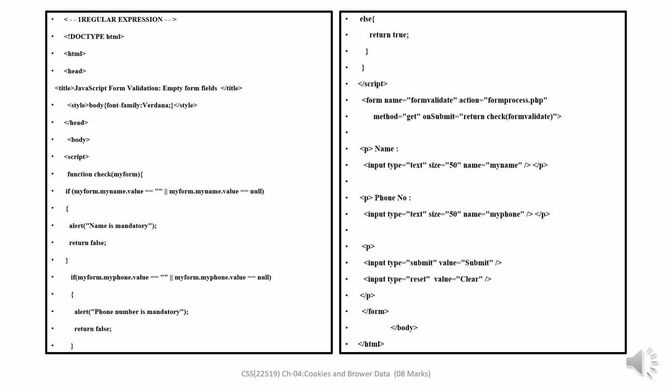Then after writing the name and phone number, we will get this code: form name, form validate, action, form process, then method is equal to get, onsubmit is equal to return checkForm validate. So after executing this code, we will get the output of that form validation.